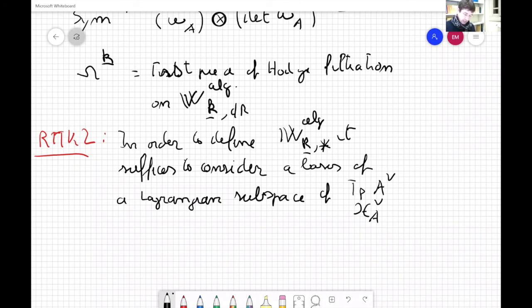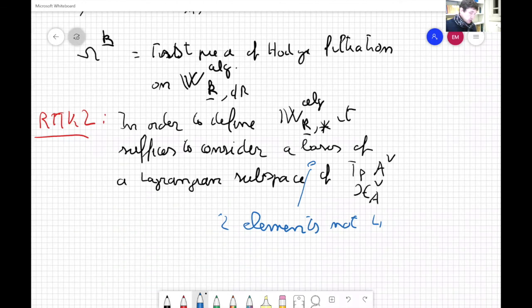Okay, and actually this will be important. So here you just have two elements that we are fixing, not four. Okay, so that's remark two.